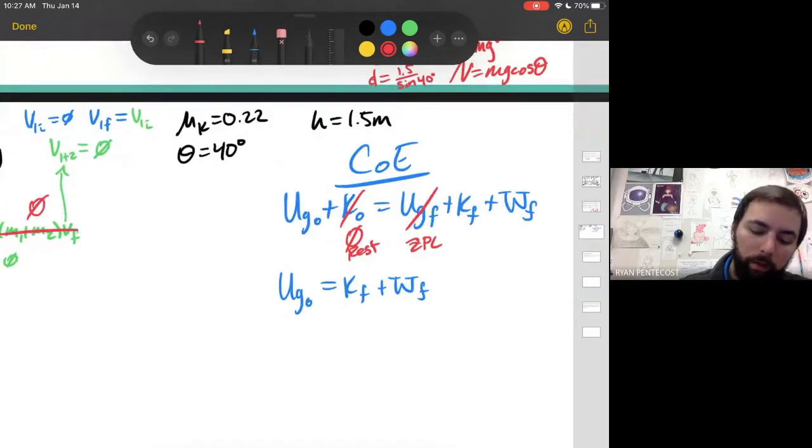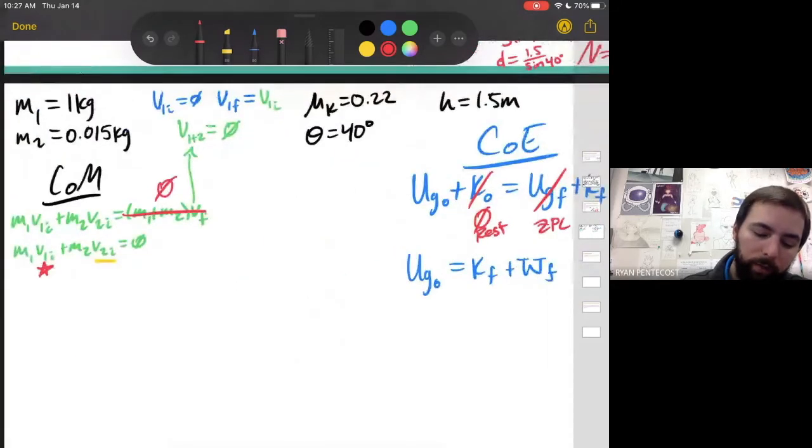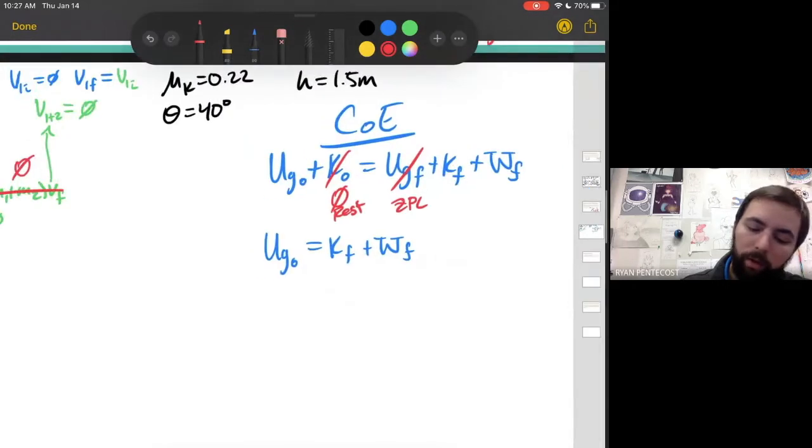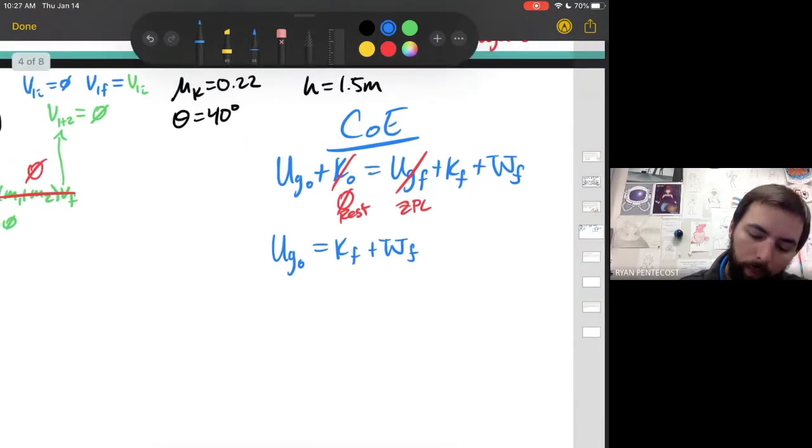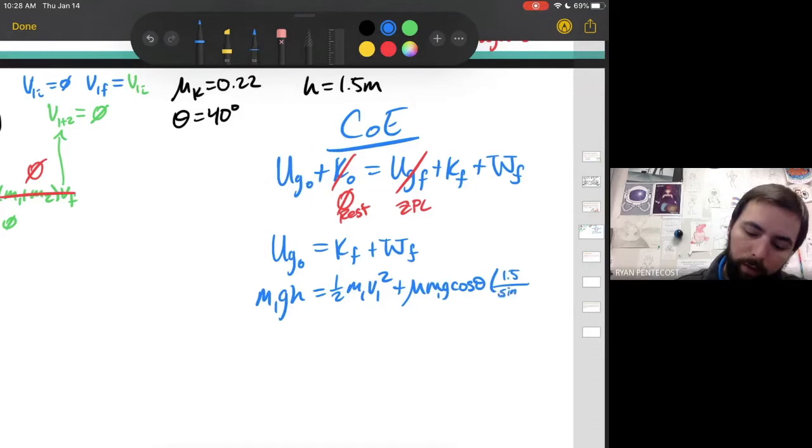But what we're really looking for here, remember, is this red star, that V1. So we're looking for V. We've got m1 g h equals 1/2 m1 V1 squared plus mu m1 g cosine theta times 1.5 divided by sine theta.